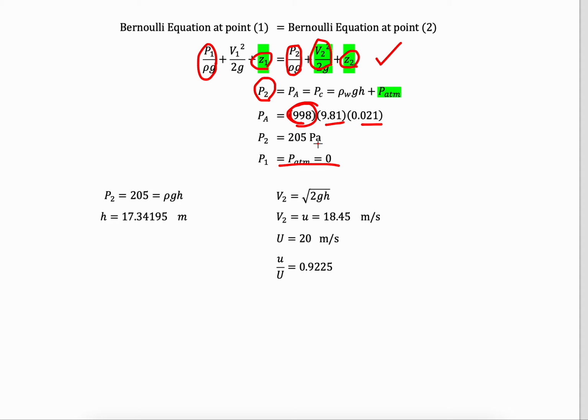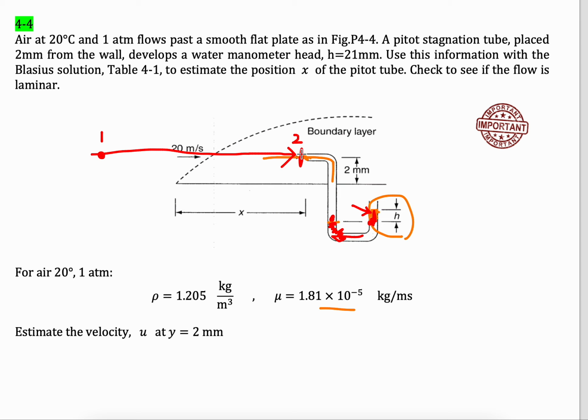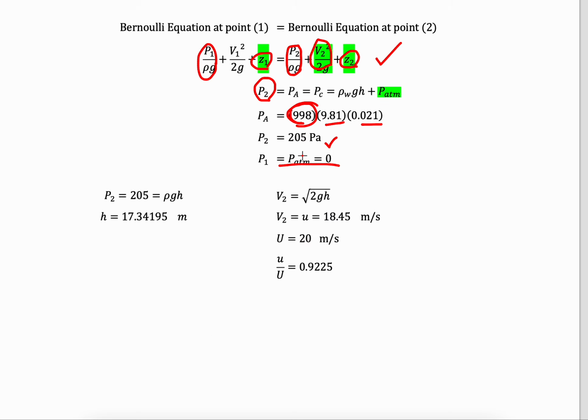So how could we use the pressure here to estimate the velocity? Because in this Bernoulli equation, we assume that the velocity at point number 2 is stagnant, meaning there is no velocity. The velocity is 0. However, the pressure is 205 Pascal.